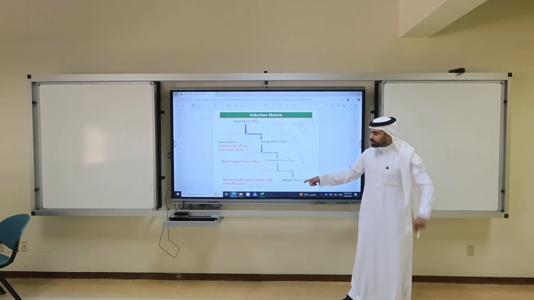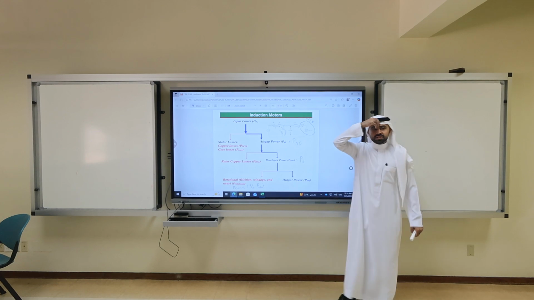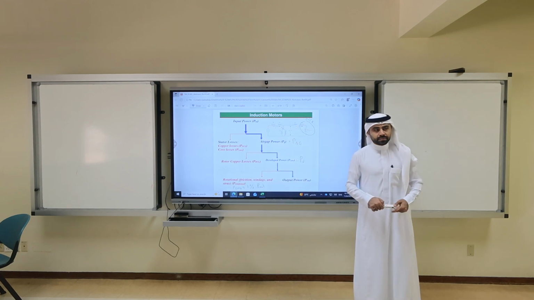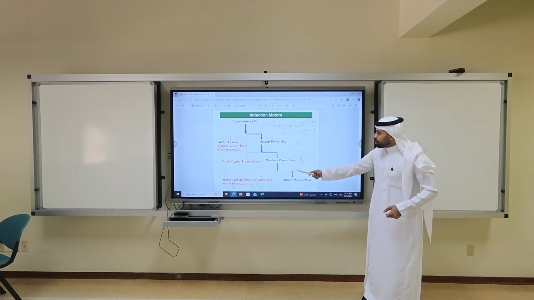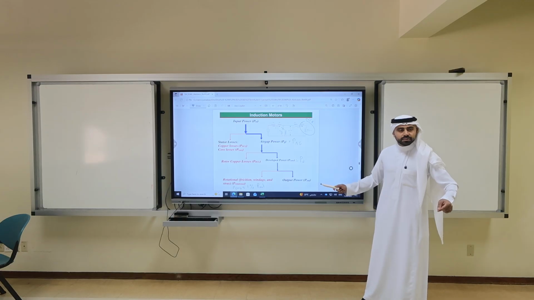Roughly speaking, the windage with friction is bigger. Sometimes we ignore the stray. The stray here is miscellaneous. The developed power or converted power will be the output power that comes out at the shaft.